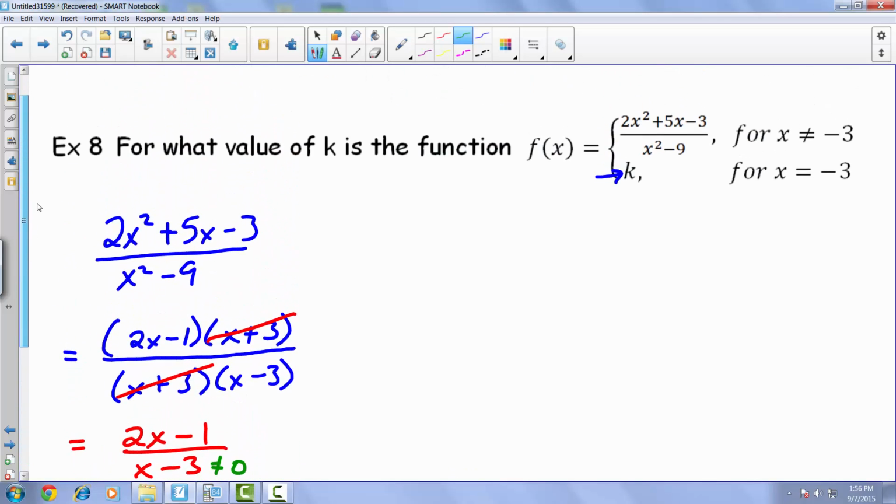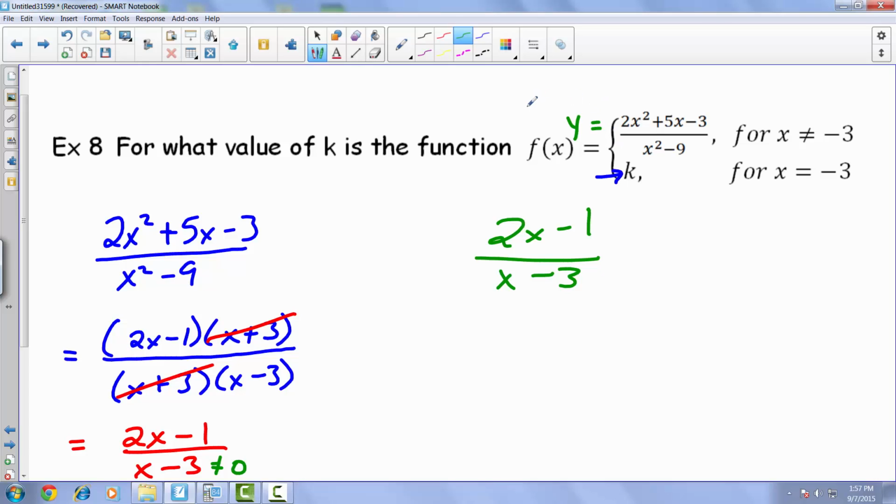All right, now things get a little tricky. We have our simplified version, 2x minus 1 over x minus 3, coming from right here. Now, if you think about it, this top is considered to be some y value.